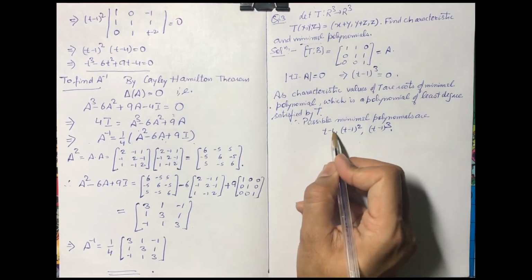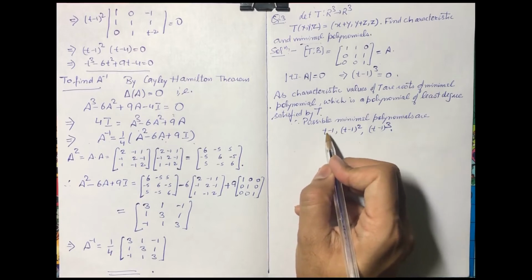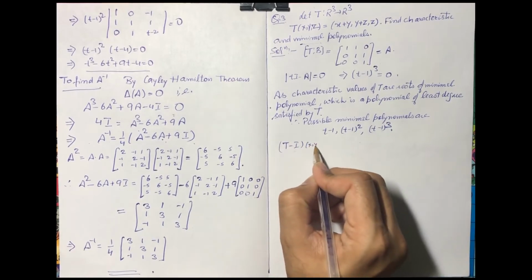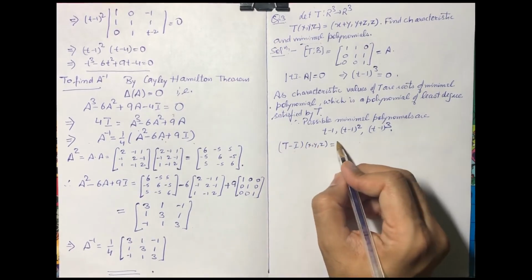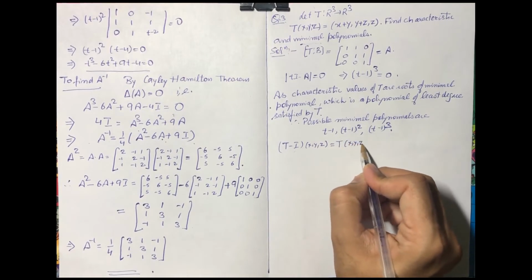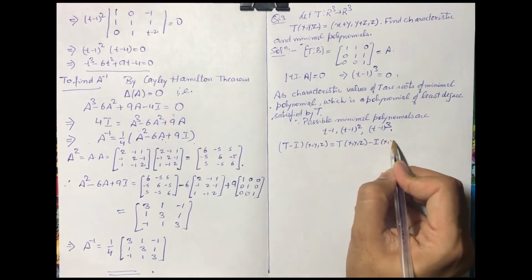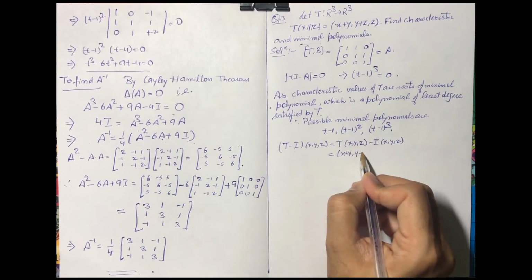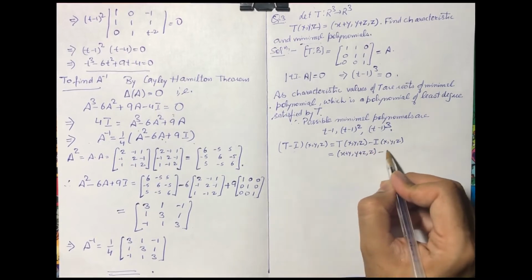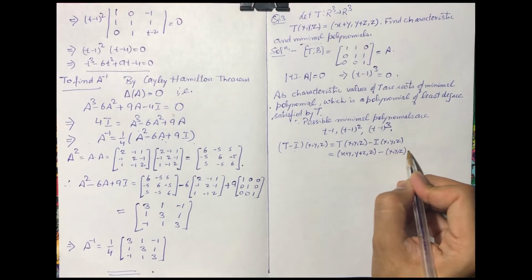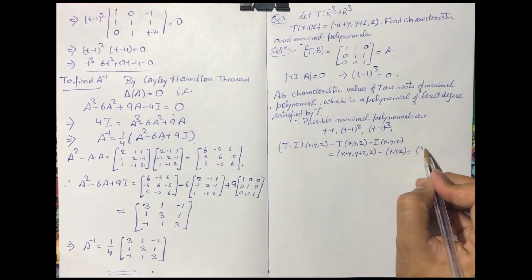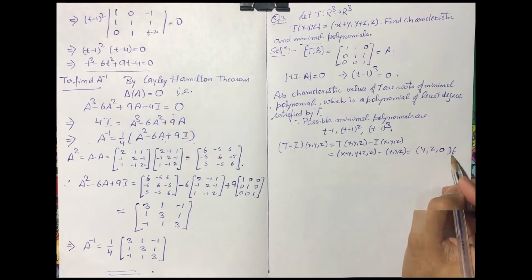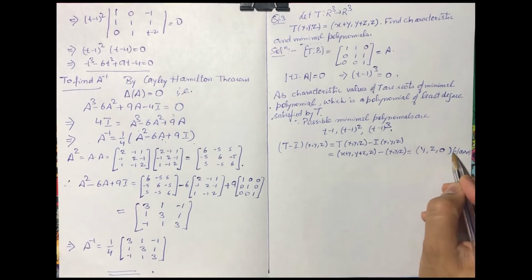First we check t minus 1. For this we will see whether T satisfies this, that is (T minus I) of (x, y, z), which is T(x, y, z) minus I of (x, y, z). T(x, y, z) is (x plus y, y plus z, z) minus (x, y, z), which comes out to be (y, z, 0), which is not equal to (0, 0, 0).